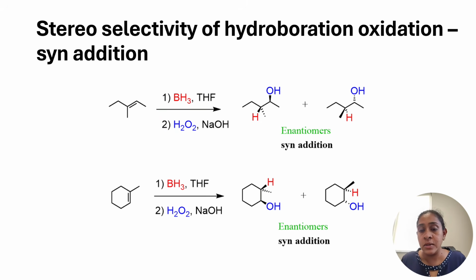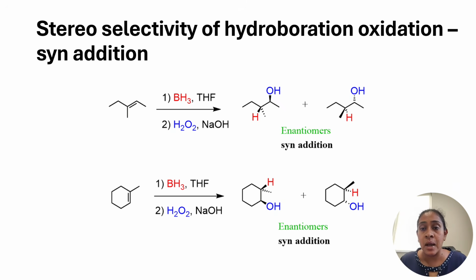Hydroboration is also stereospecific in the sense that hydrogen and boron are going to be delivered to the same face of the double bond. During oxidation, the boron-containing group is replaced by OH, so the overall addition of the hydrogen and the OH group is syn. The example on the slide showed that the alkene can be approached from either side.